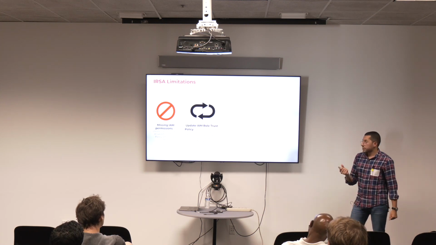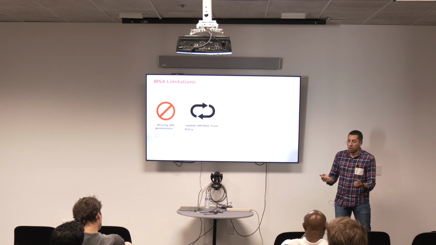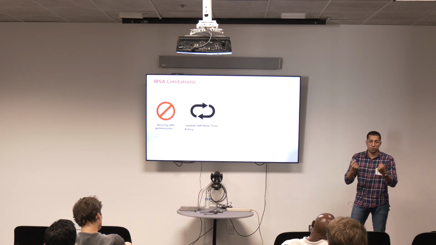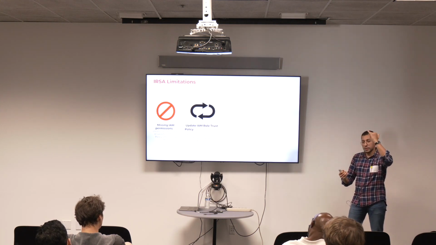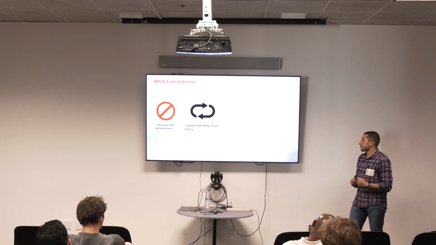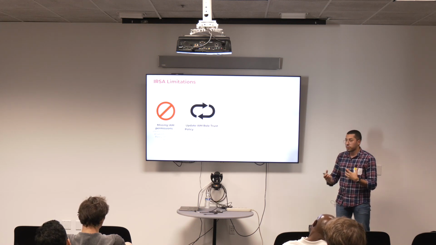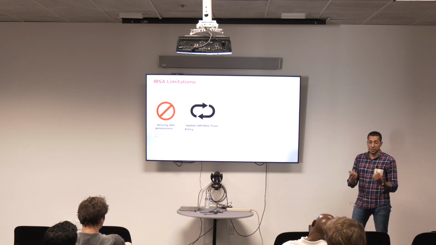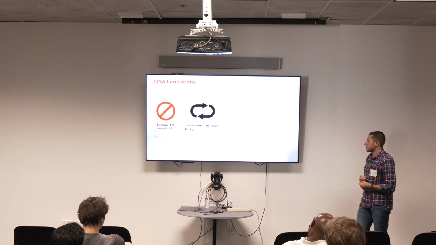There is also another limitation, which is every time I want to allow a service account to assume a role, I have to update the trust policy and add a specific line for each service account in each namespace. And if you are doing some deployment process like blue-green, it can be really painful as every time you have to update this trust policy.